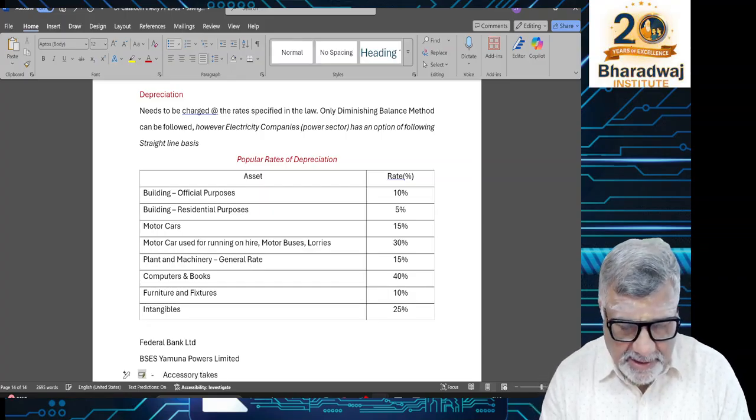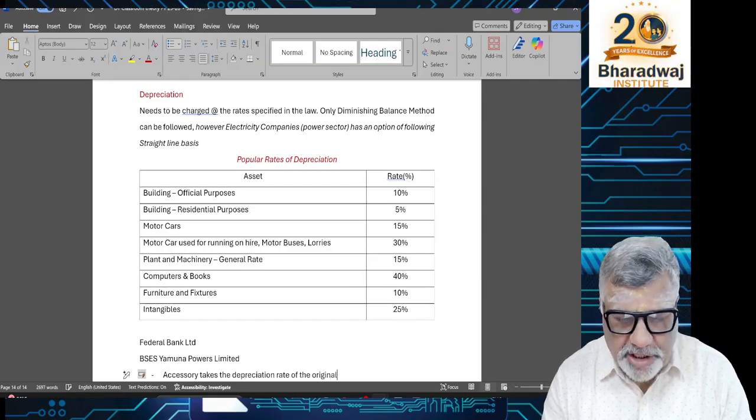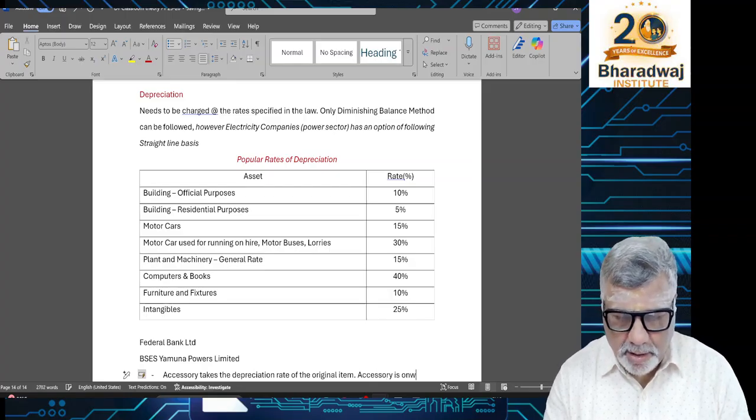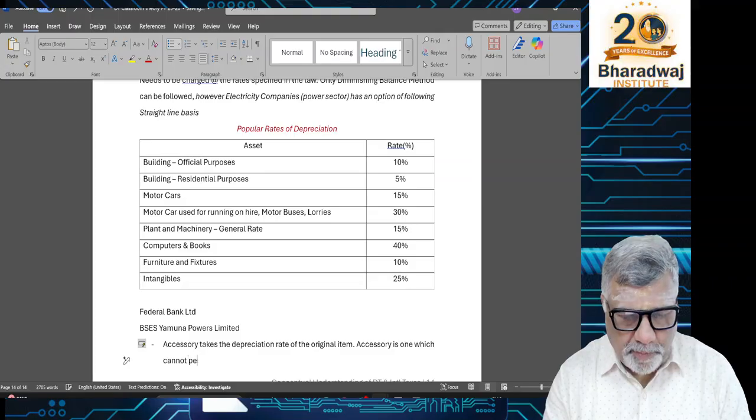An accessory takes the depreciation rate of the original item. An accessory is one which cannot perform operation without the main element.